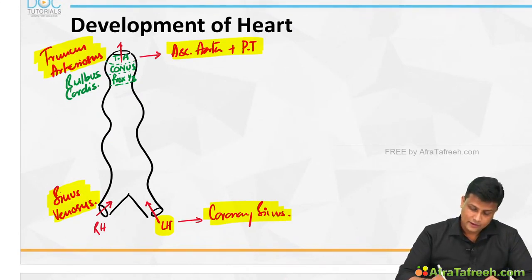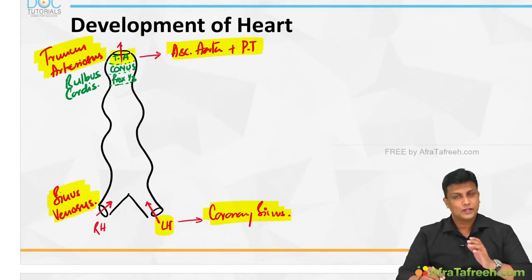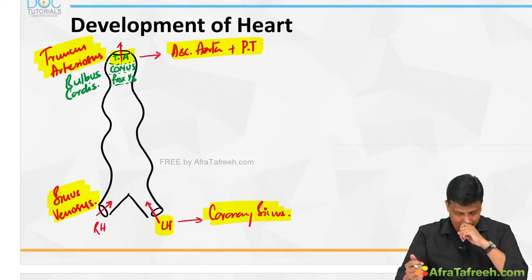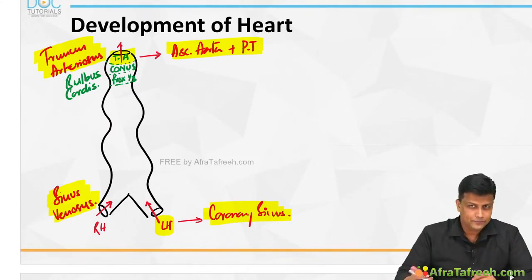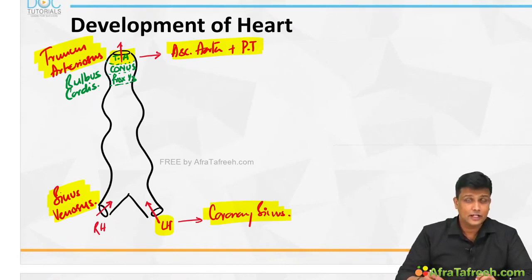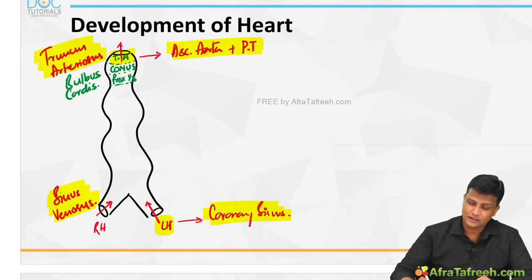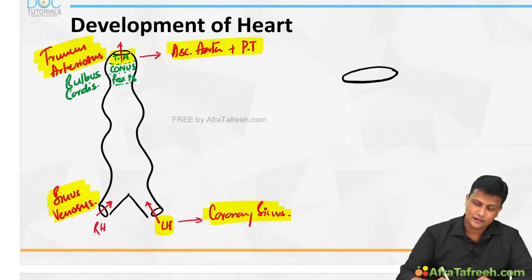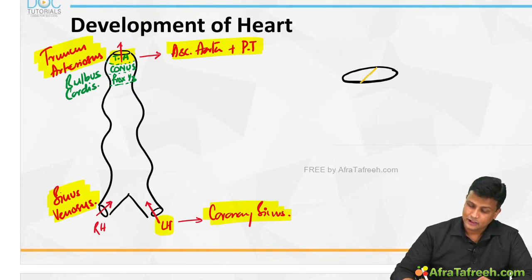Now what is this part here, sir? Truncus arteriosus is the one which is going to form the ascending aorta and pulmonary trunk. Fine. But how come it is divided? A simple question comes to my mind: how are these two separated? Yes, with the help of a septum. Let me enlarge this one here. If this is the truncus arteriosus, inside it you will be able to appreciate one septum, and that septum will be the aorticopulmonary septum.